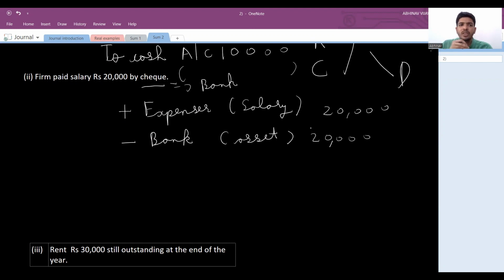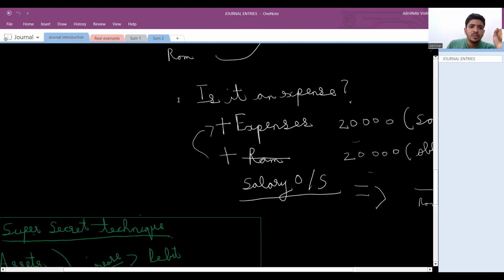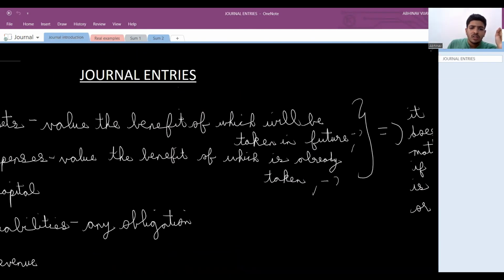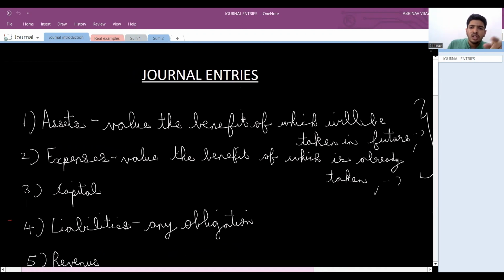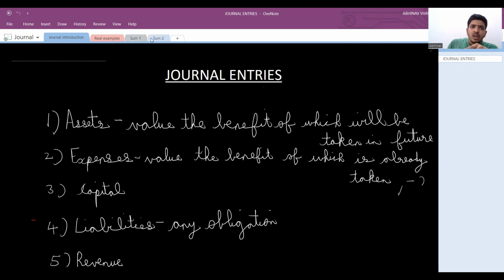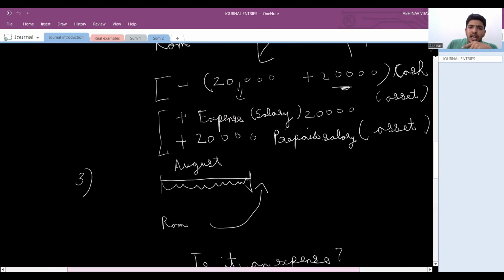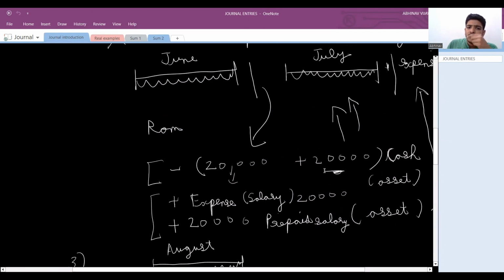Another question that people ask now: you say paid salary and salary is an expense, and the definition for expenses is the value, the benefit of which is already taken. It doesn't matter if cash is paid or not. But in this case, you paid salary without taking benefit. That you treated as advance, you treated as prepaid salary as an asset.